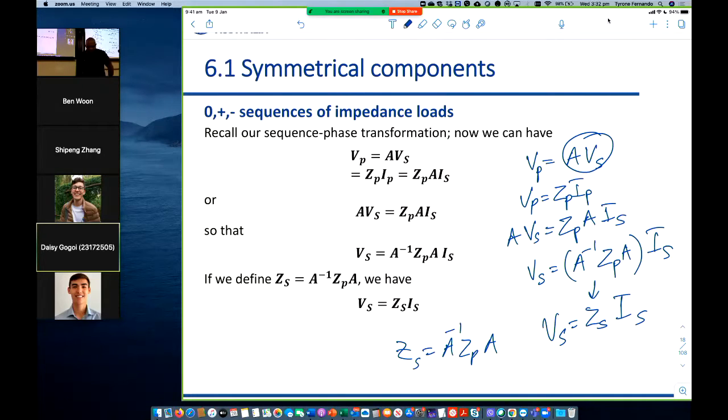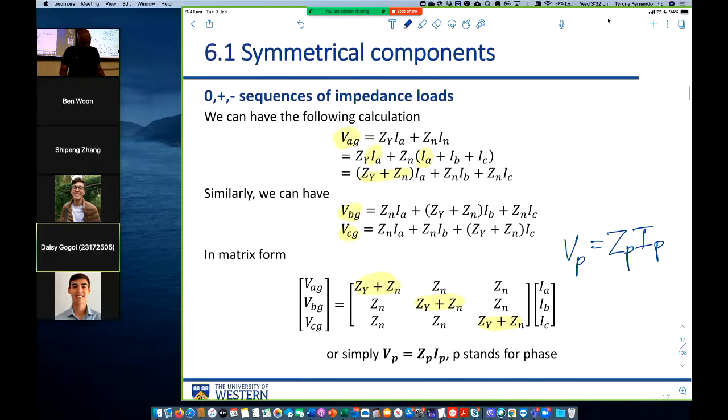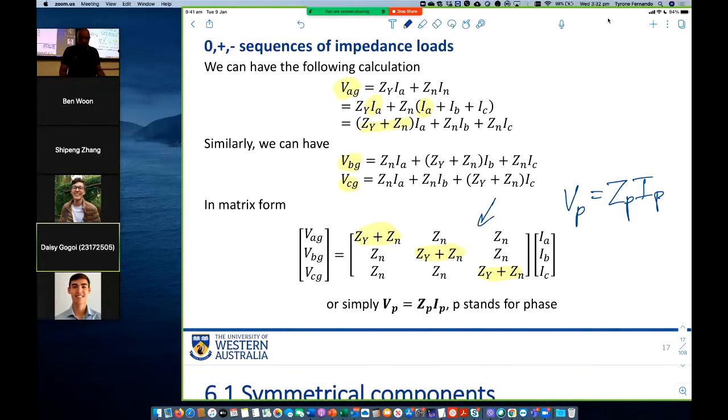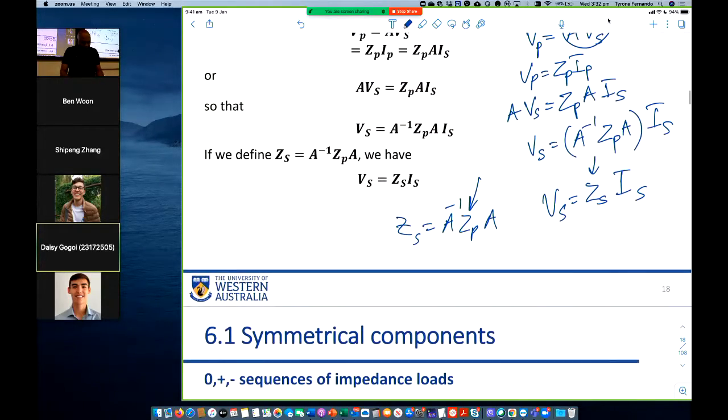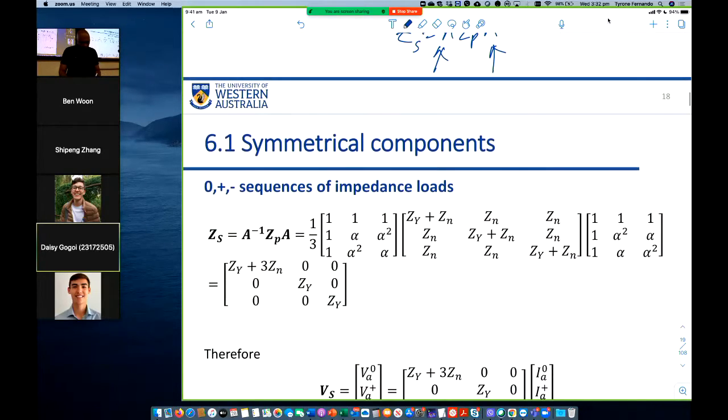Right? So we know what Zp is. Zp is this guy here. We know what A inverse is, we know what A is, so we can actually do that multiplication and then arrive at Zs as this diagonal matrix.